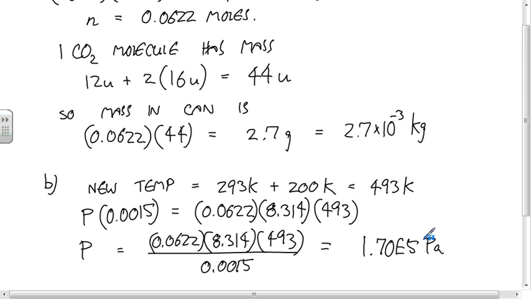Anyone have any questions about either of those calculations? Okay, so remember that a change in temperature is the same in Celsius as it is in Kelvin. So an increase of 200 degrees Celsius is an increase of 200 Kelvin.